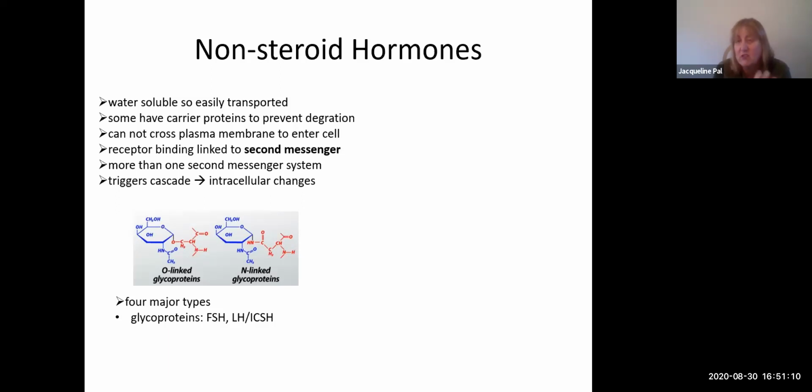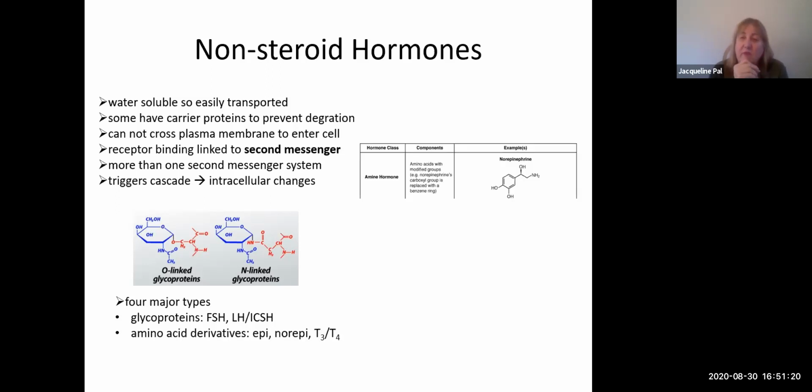They are hormones known as follicle stimulating hormone and luteinizing hormone, which is the same thing as interstitial cell stimulating hormone. The second category are our derivatives of amino acids. These include epinephrine and norepinephrine, which we've talked about previously, and it will also include our thyroid hormones.